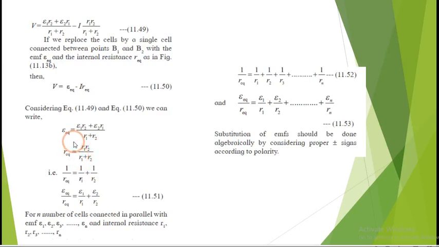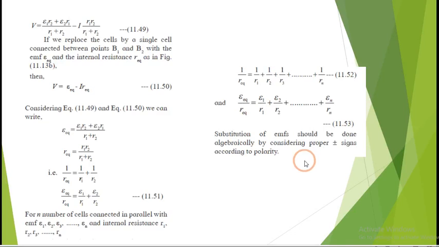So I can write epsilon equivalent upon R equivalent is equal to epsilon 1 upon R1 plus epsilon 2 upon R2 plus up to epsilon n upon Rn. Substitution of EMFs should be done algebraically by considering proper plus minus signs according to the polarity.